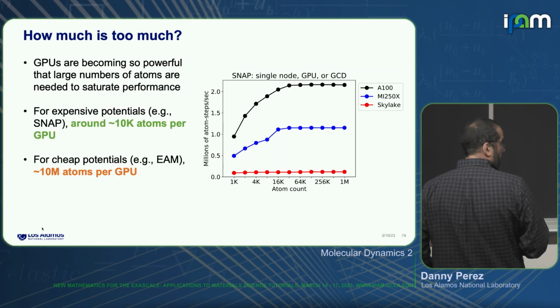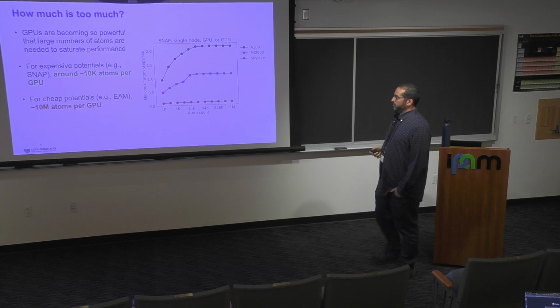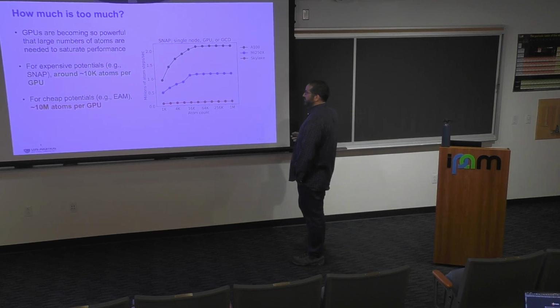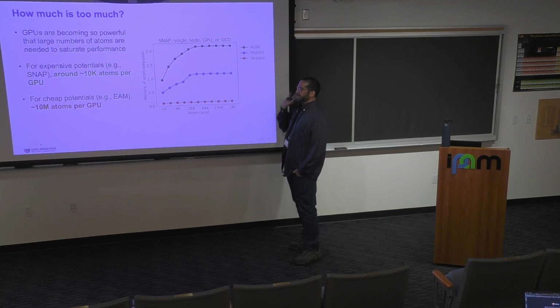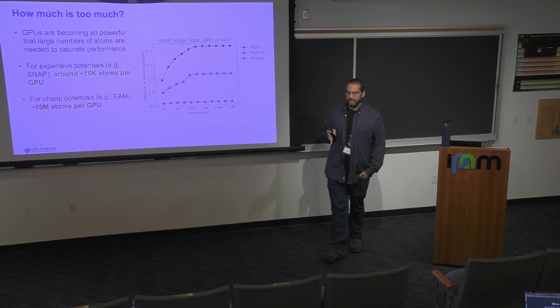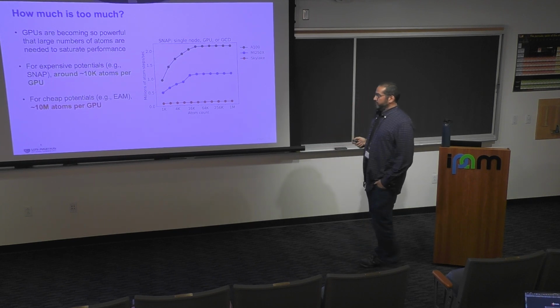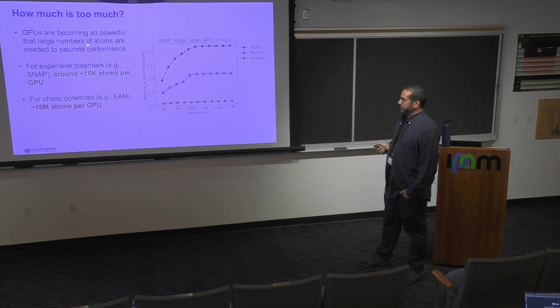Okay, I'm going quick because I just want to finish this last point about accuracy. We have these hugely powerful GPUs, and we should be really happy about this, but it also comes with aspects that are not so great from the science point of view.